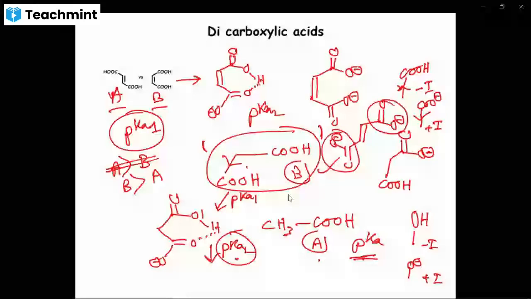But for maleic acid, there is severe Coulombic repulsion, right? So this is the reason why, for this dicarboxylic acid, the first pK of B is higher, but if you consider the second pK, it is higher for A. Okay.